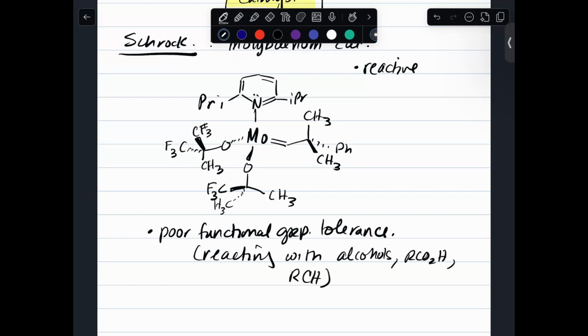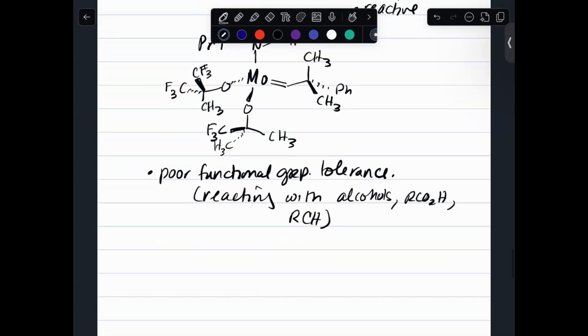So if you had an alcohol present in your chain, or a carboxylic acid or an aldehyde, it would not only do the ring opening, ring closing, or whatever it is that you wanted it to do, it was also reacting with all of these other functional groups. So it didn't tolerate functional groups really well because it reacted with them.